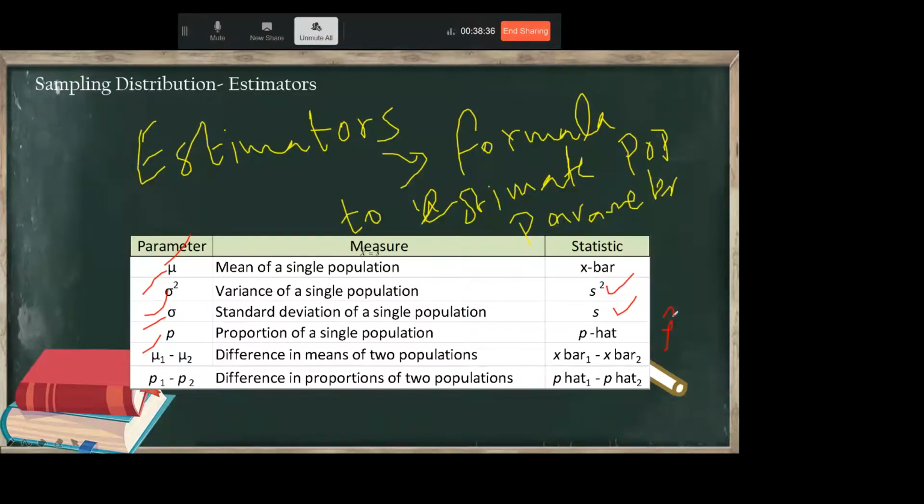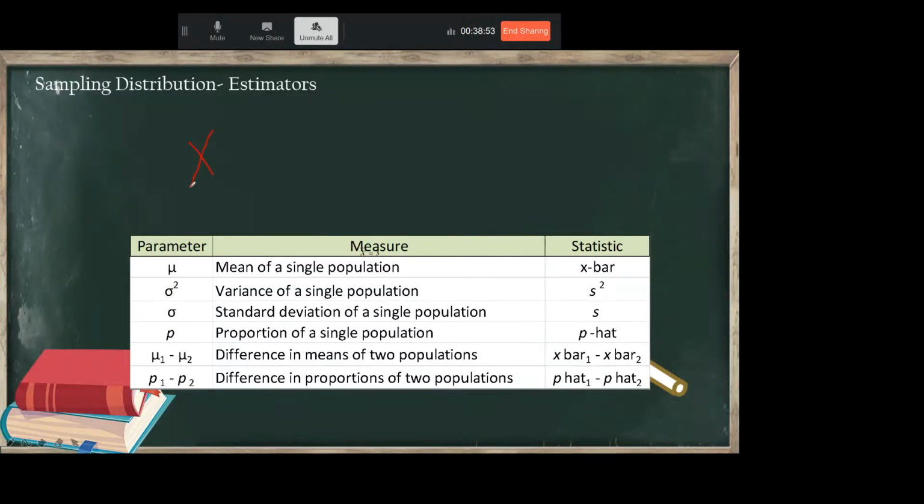For the estimation of mu, the population mean, we can also use mean, median and mode. X bar is the mean, but we can also use the median and mode to estimate mu.